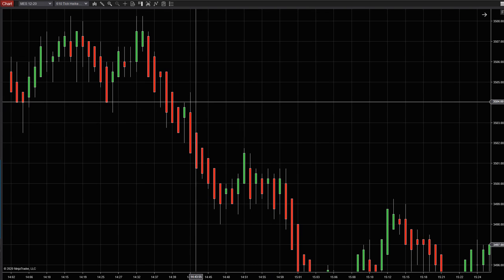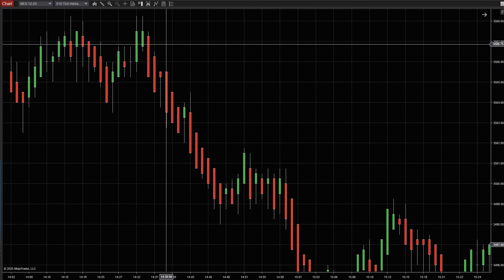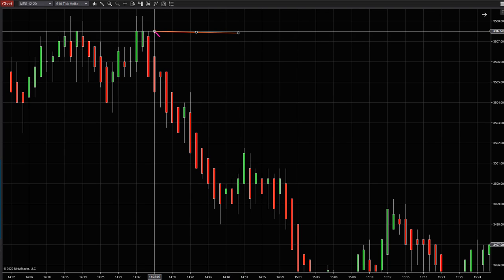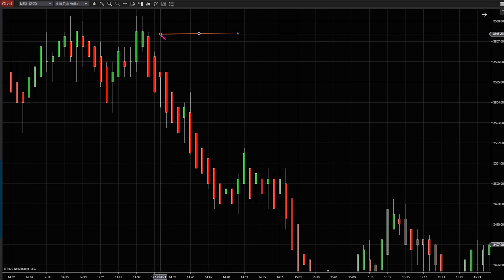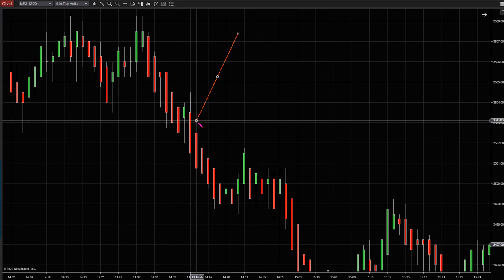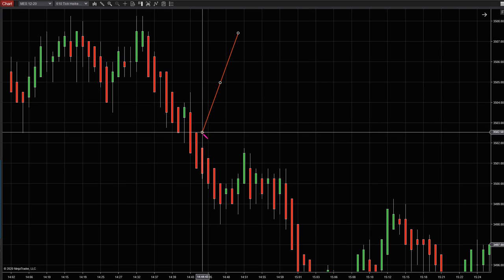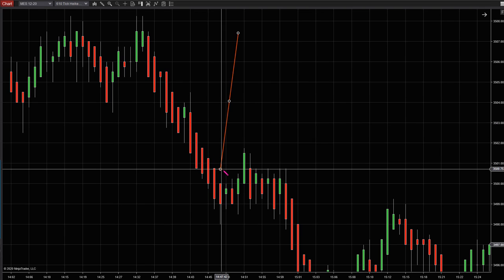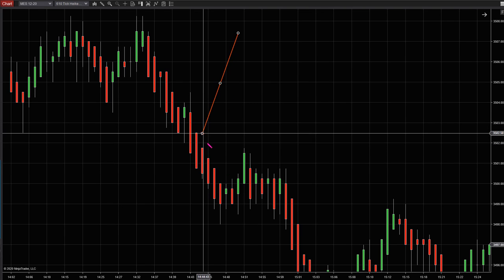And so the first thing that you want to notice is that on a downtrend, any candles that aren't showing wicks on the upside, which is the opposite side of the direction it's going, shows that it's a very strong downtrend.